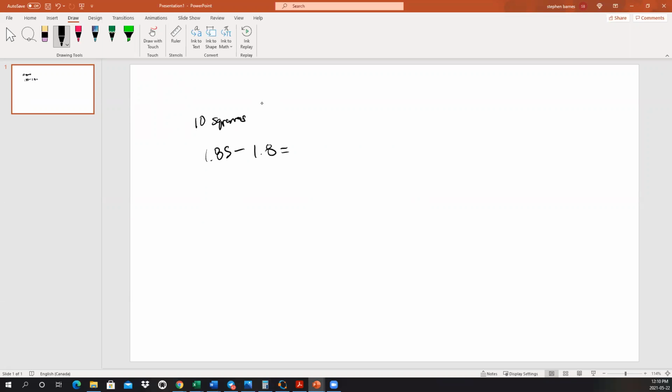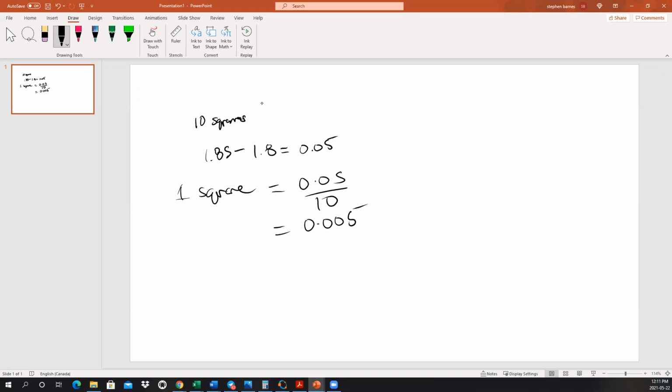So I was making the point that this is just 0.05. And if you want to know what one square represents, you carry it over. So that's what one square represents.